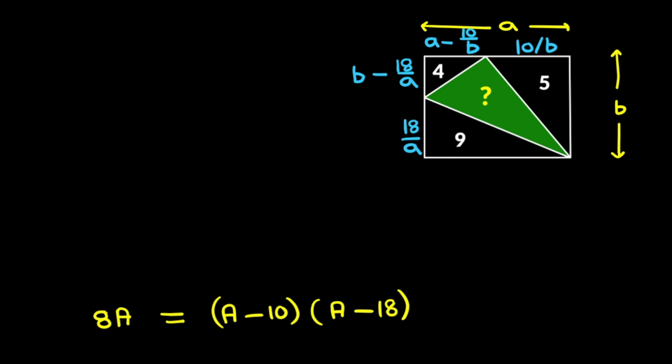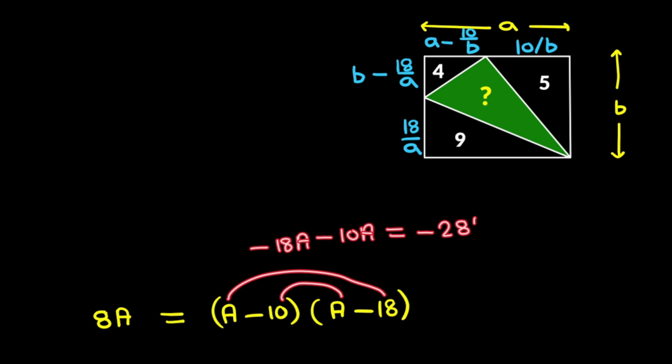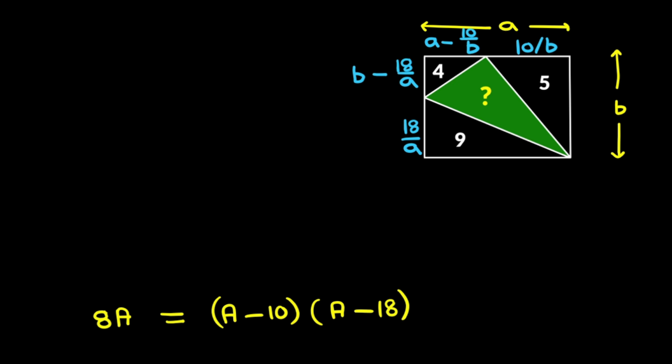Now expand it slowly. A times A is A squared, then minus 18A minus 10A. That becomes minus 28A. And finally, minus 10 times minus 18 is plus 180.